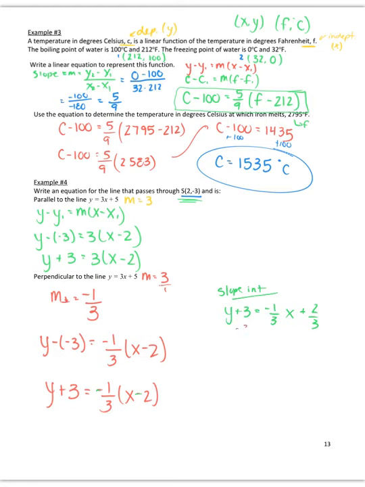Then I'm going to take away 3 on both sides, and we're left with y is equal to negative 1/3 x plus 2/3 minus 3. Now 3 was technically over 1, so we need a common denominator and I'm going to multiply both by 3. So I'm going to be subtracting 9 over 3. Therefore, y is equal to negative 1/3 x minus 7 over 3.